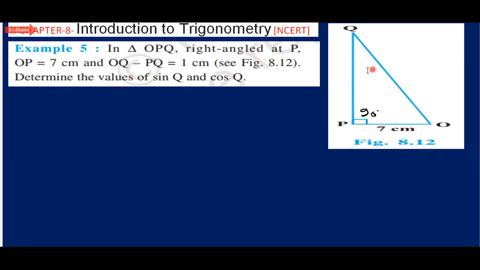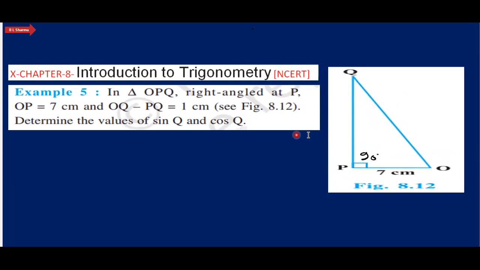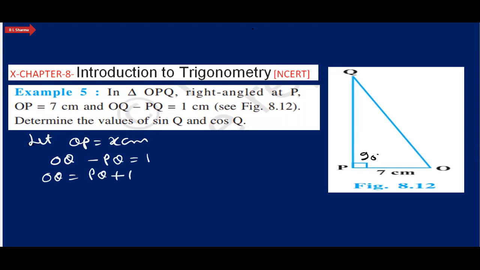Means OQ minus PQ means ये OQ और ये PQ का डिफरेंस 1 सेंटीमीटर है. सो हम ऐसे कहेंगे कि let, देखिए, let QP is equal to X centimeter, and when it is given OQ minus PQ is 1, so OQ is equal to PQ plus 1.